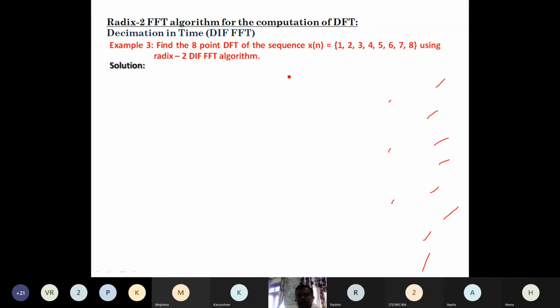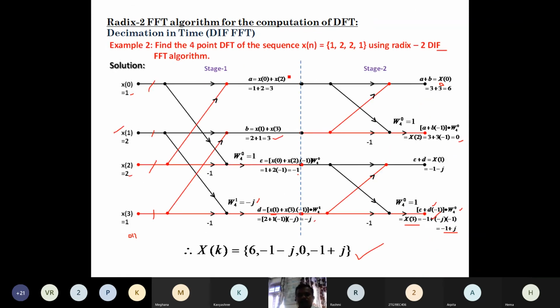Okay, if they ask 4 point DFT, the previous example, it will be for 6 marks, and the 8 point DFT calculation is going to get 10 marks. Okay, 10 or sometimes 8 marks based on the question complexity, but maximum marks are 8 to 10.